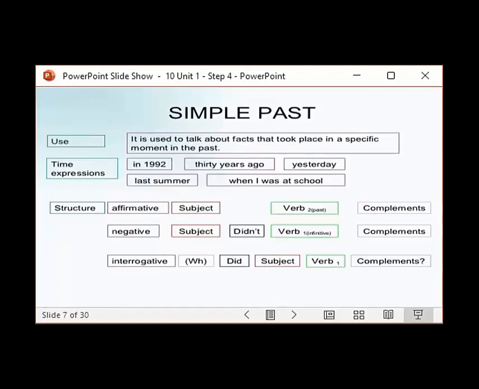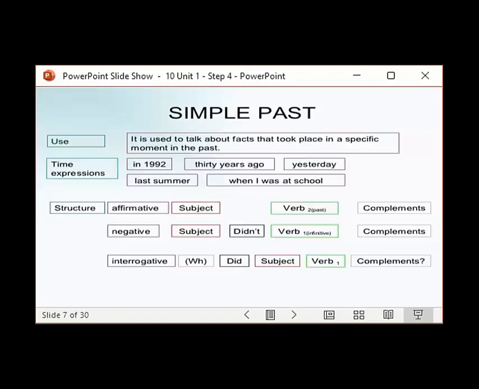Now, a very important point: time expressions with the simple past. In plus date, for example, in 1992. Another example, 30 years ago.